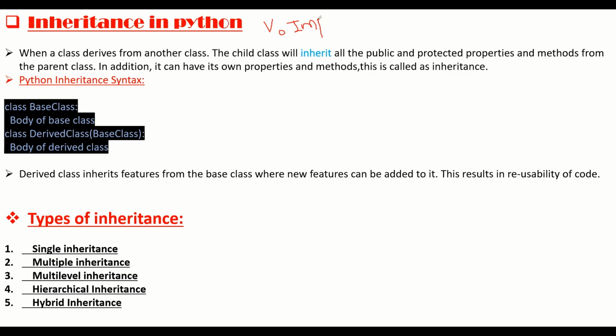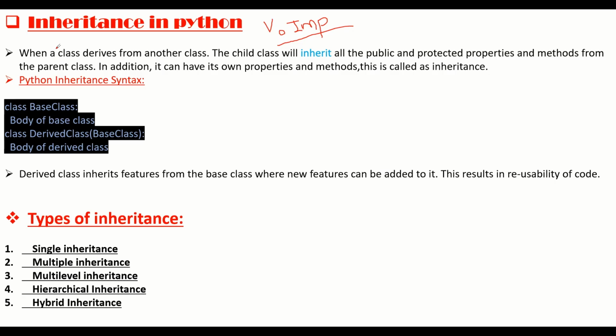So guys, this is a very important topic in object-oriented programming, and this is very useful for us. So what is inheritance? When a class derives from another class, the child class will inherit all the public and protected properties and methods from the parent class. In addition, it can have its own properties and methods. This is called inheritance.